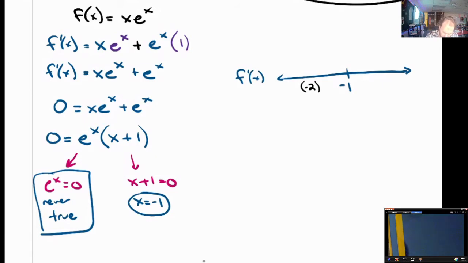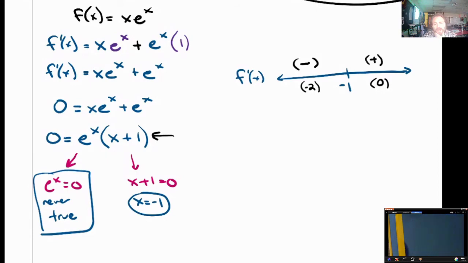I like to plug it in here, honestly, in my head. Negative 2 plus 1 would be negative 1, and e to the negative second power is always positive. So that's a negative times a positive, and this is negative over here. If you plug in 0, e to the 0 power is 1, 0 plus 1 is 1, so it's positive over there.